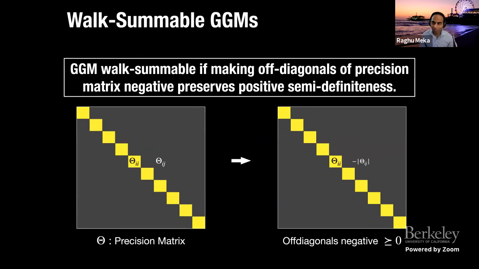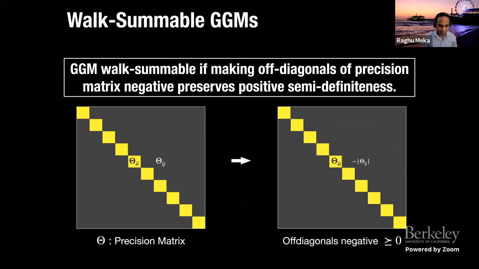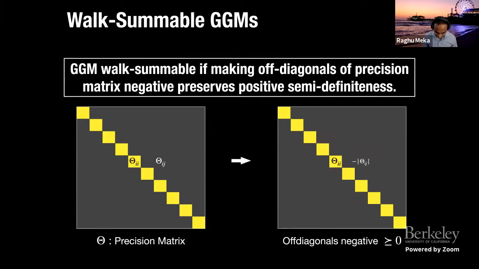But let me now talk about a more general class of models, and the most general one that we looked at in this work, which are walk-summable Gaussian graphical models. So a GGM is walk-summable if doing the following operation on the precision matrix leaves the matrix still positive semi-definite.